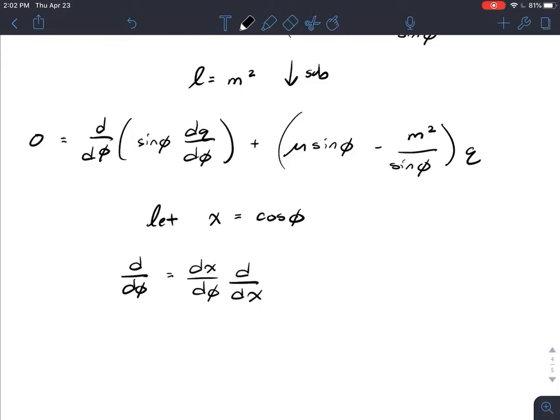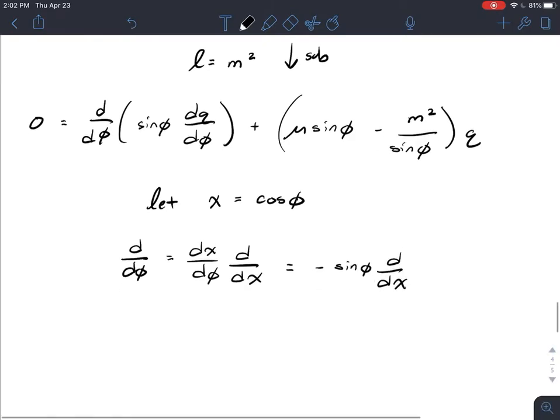So remember chain rule, so d phi is simply equal to dx d phi times d dx. So we're trying to do a change of basis, change of variables into x. So this is the change in the differential operator essentially. And remember the derivative of x with respect to phi. Since x is equal to cosine phi here, we can essentially just do negative sine phi d dx.